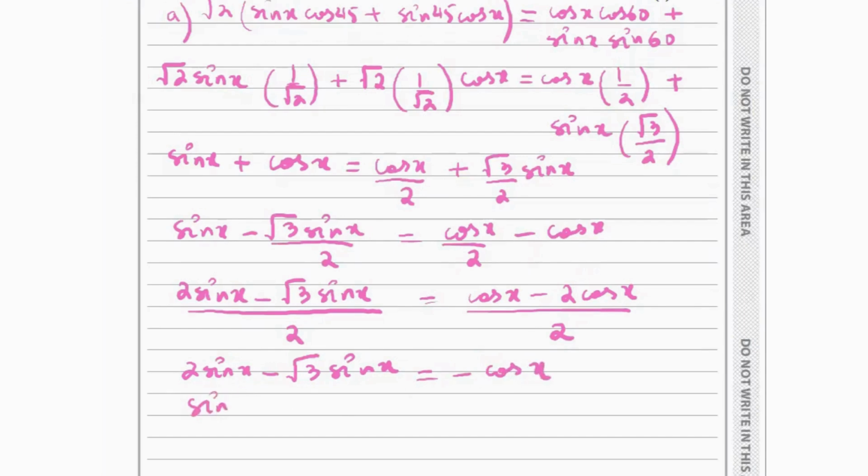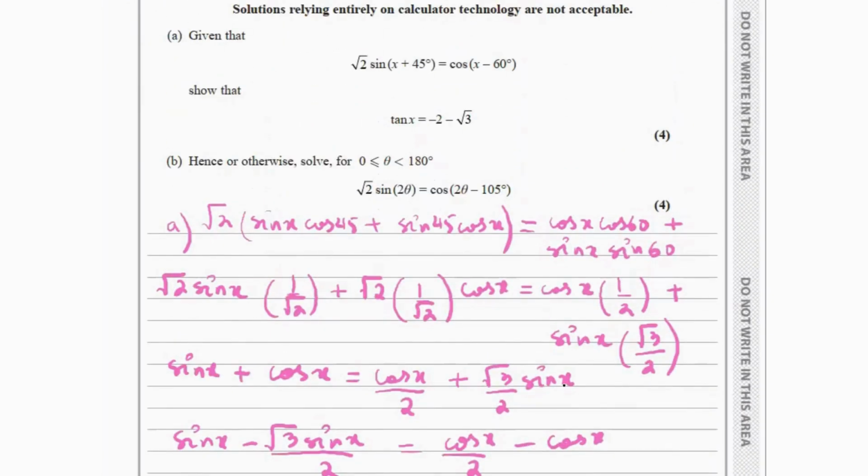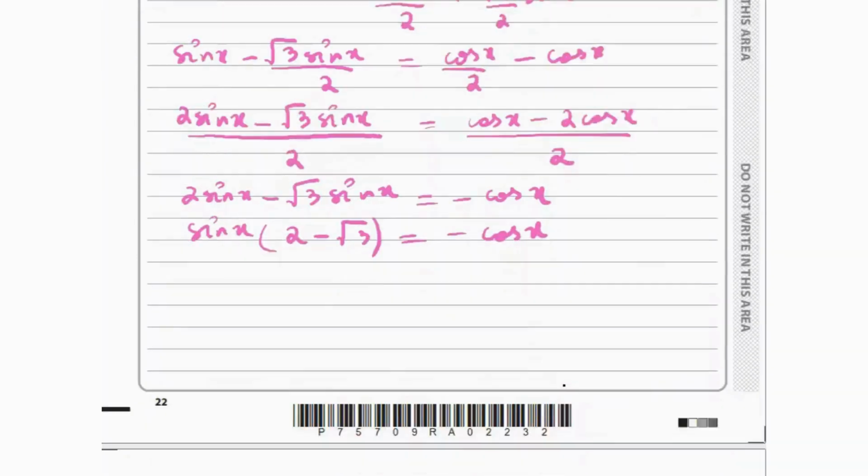Take the sine x common. That's 2 minus root 3 in the bracket. Negative cos x over here. They want tan x equals negative 2 minus root 3.